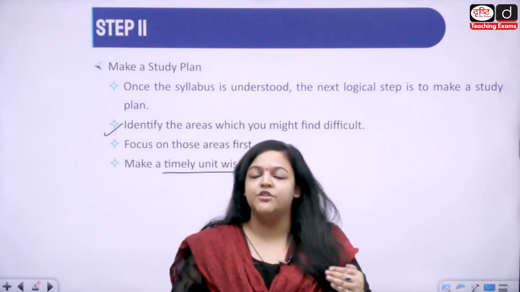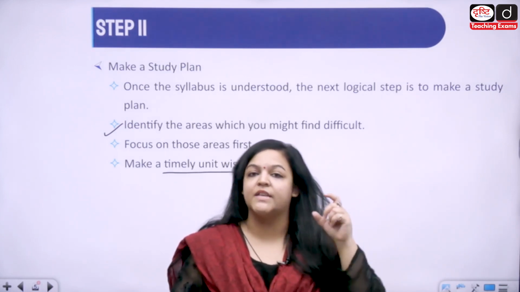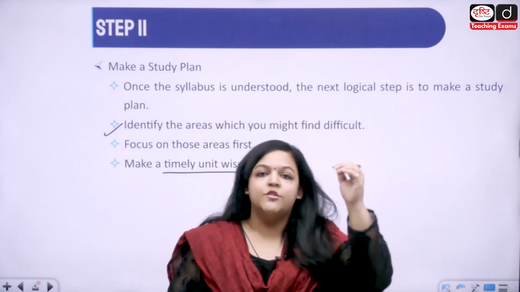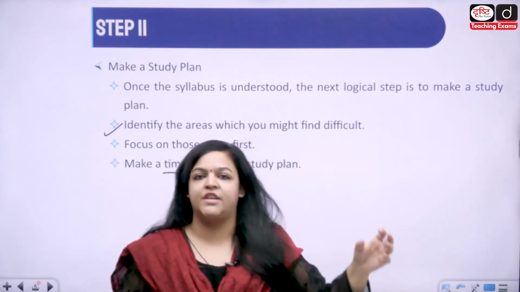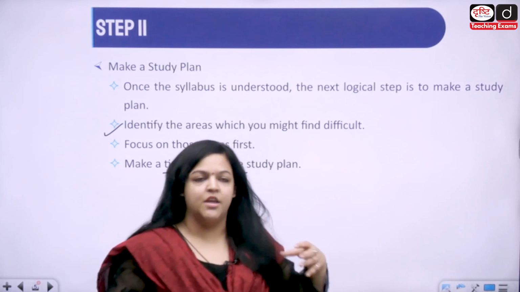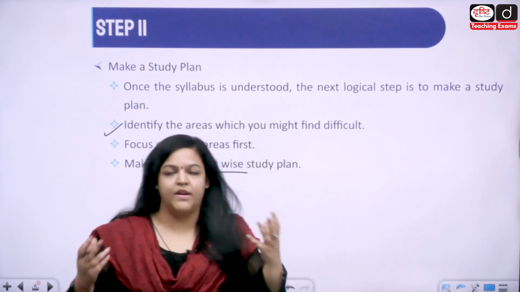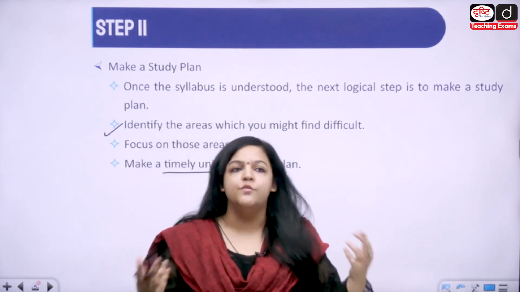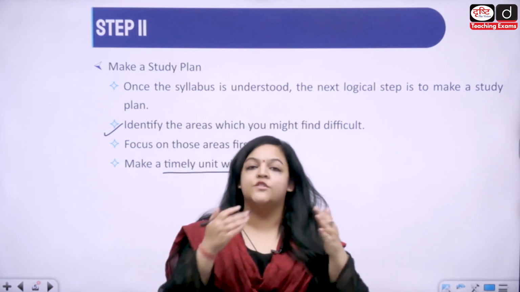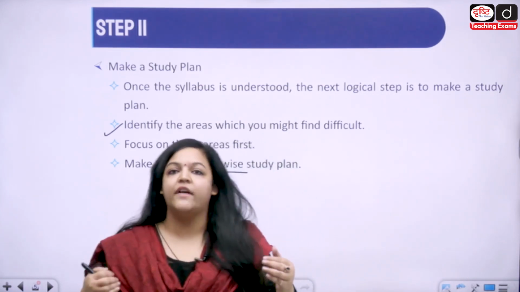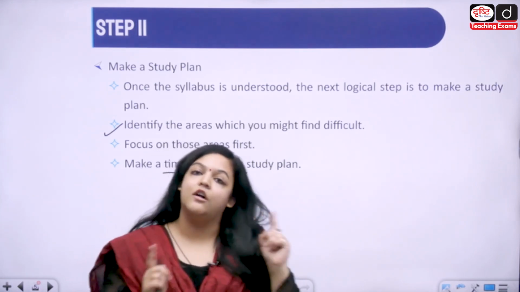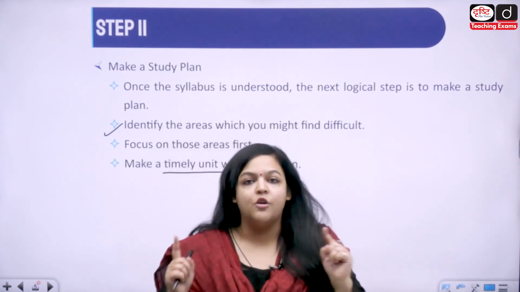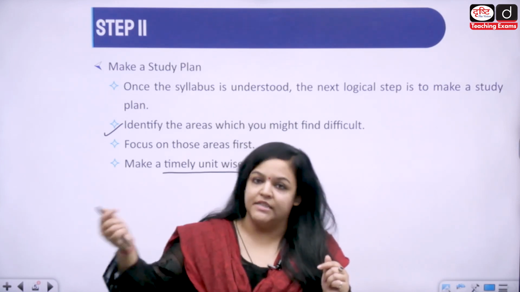So I am going to make a list. I'm going to make a study plan like that. So I am going to see how much time I am going to take per unit. So unit 1 will take me suppose 1 week or 10 days. Unit 2 will suppose take me 8 days. So like that, you have to make a unit-wise study plan according to your syllabus and according to the portions that you find difficult.